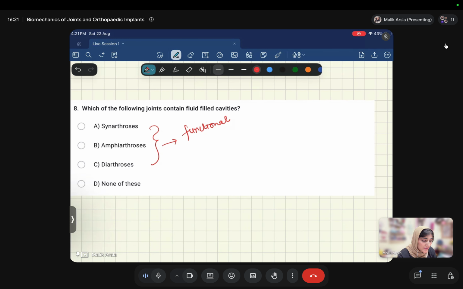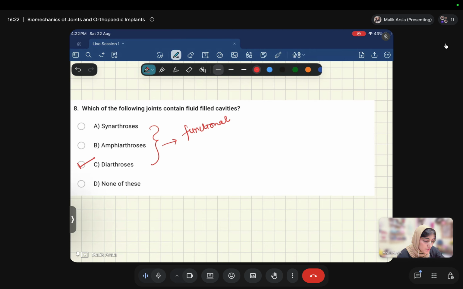Now, how is it related to the fluid filled cavity is that mostly these diarthrosis, because they are freely movable, they are movable because of the synovial fluid and synovial cavity present there. So in these kinds of joints, due to their functionality, synovial fluid and a synovial cavity are also present. So mostly the synovial joints are also the diarthrosis joints. Okay, so these joints contain the fluid filled cavities. So option C is the correct option.